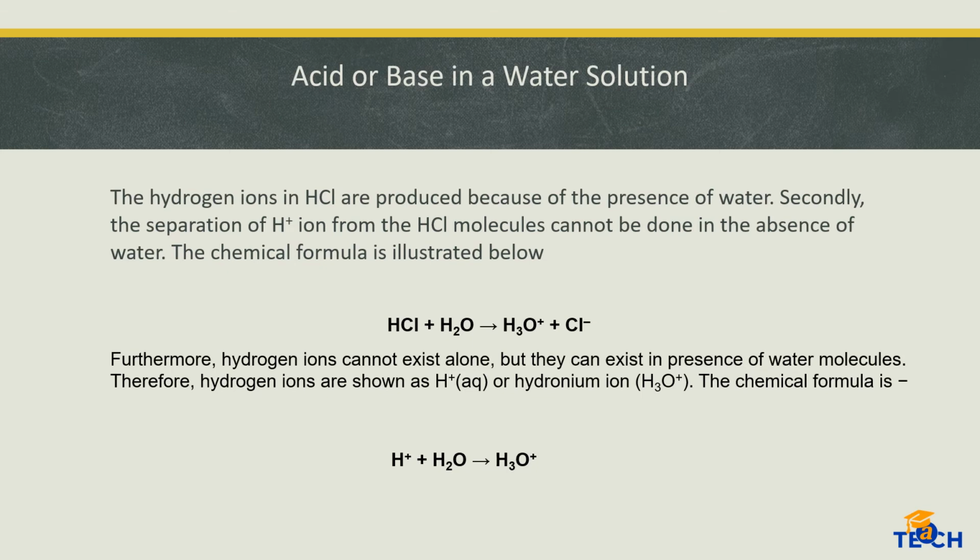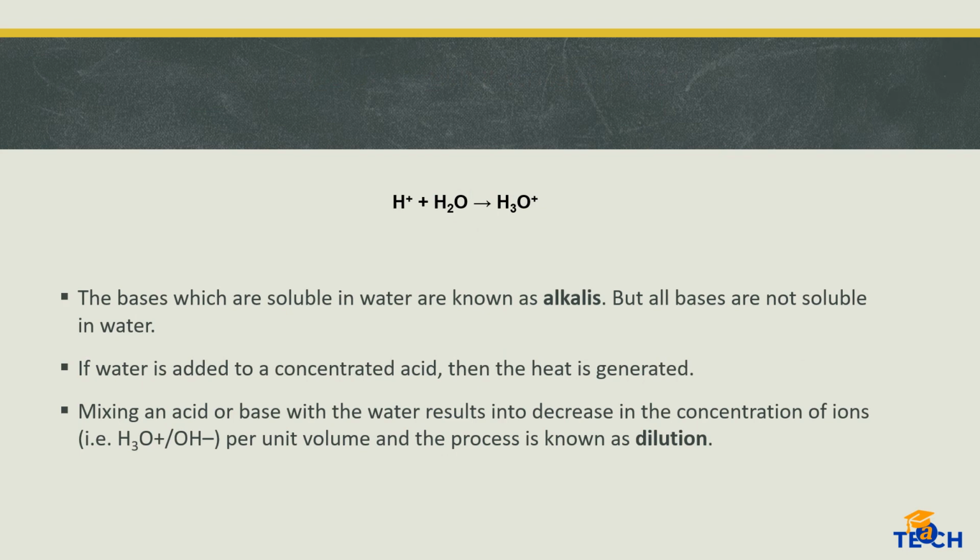Therefore, hydrogen ions are shown as H+(aq), or hydronium ion, H3O+. The bases which are soluble in water are known as alkalis. But all bases are not soluble in water.